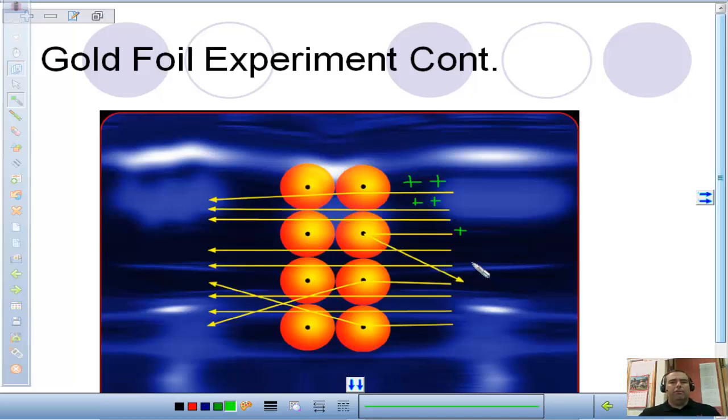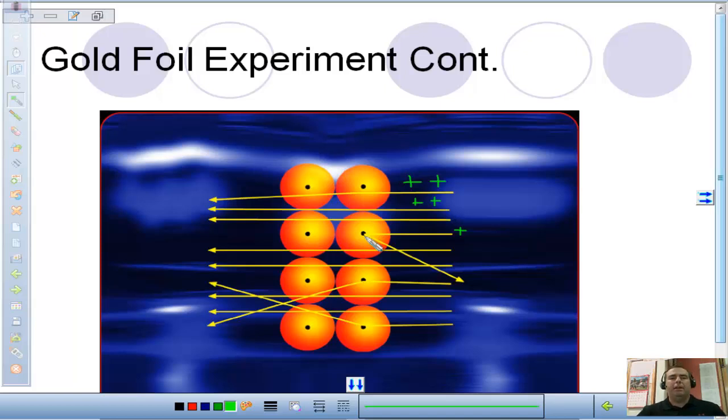And that was very important information to Rutherford, because he knew that if this line was positive, the only thing that was going to cause a positive to bounce off was something else that was positively charged. So he thought Thomson could not be correct in saying that this whole thing was positively charged. He thought that that center of the atom had to be positively charged.